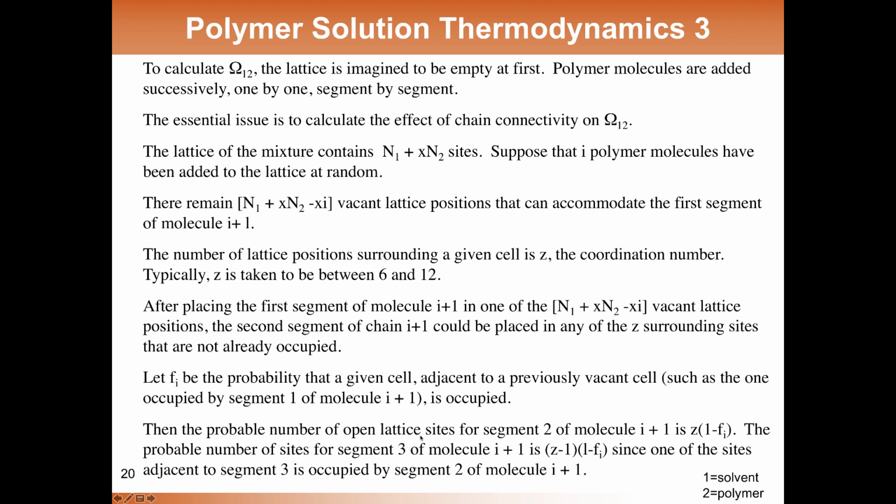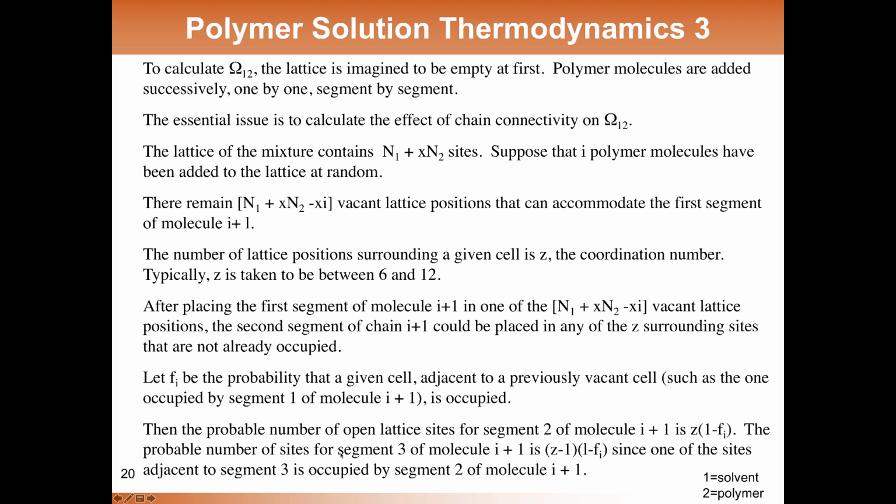So the probable number of open lattice sites for segment 2 of molecule i+1 is Z times (1 minus f_i). If the coordination number, for example, is 6, as in that cubic coordination we talked about a moment ago, and if half of the lattice cells are already occupied, then the probable number of open sites for segment 2 of molecule i+1 would be 6 times (1 minus a half), or 3.